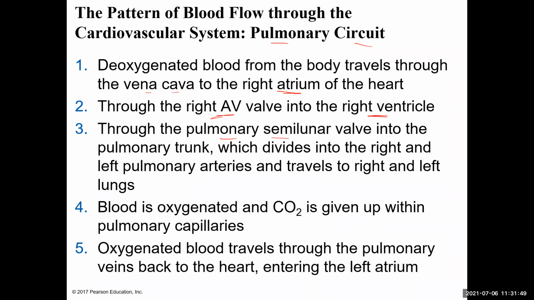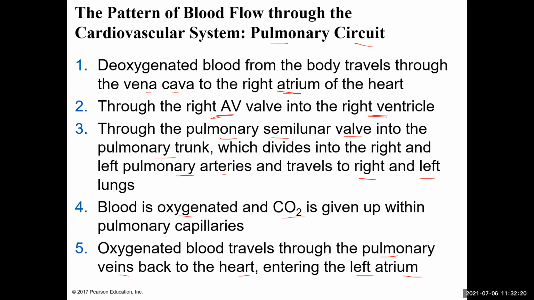It exits the pulmonary semilunar valve, goes through the pulmonary trunk, into the pulmonary arteries, and to the right and left lungs. Oxygen is picked up and the blood becomes oxygenated, CO2 is dropped off, and then the oxygenated blood travels through the pulmonary veins back to the heart, where it enters the left atrium. And so that is the pulmonary circuit.